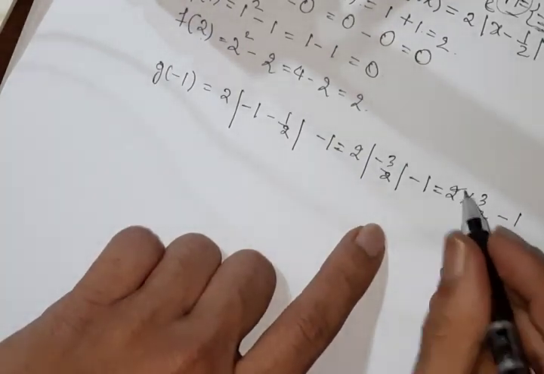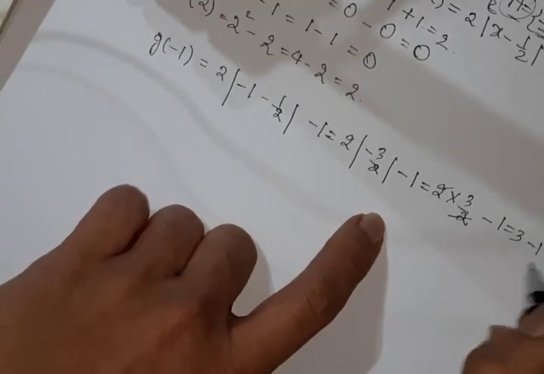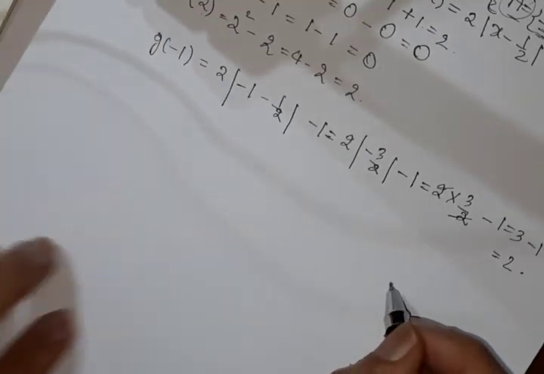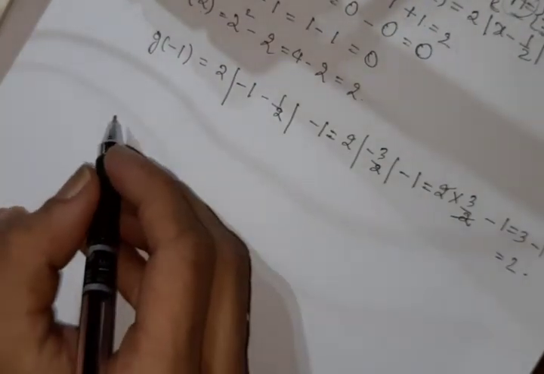Here 2 and 2 get cancelled, you will get 3 minus 1, which is equal to 2. Now similarly we have to check other values.